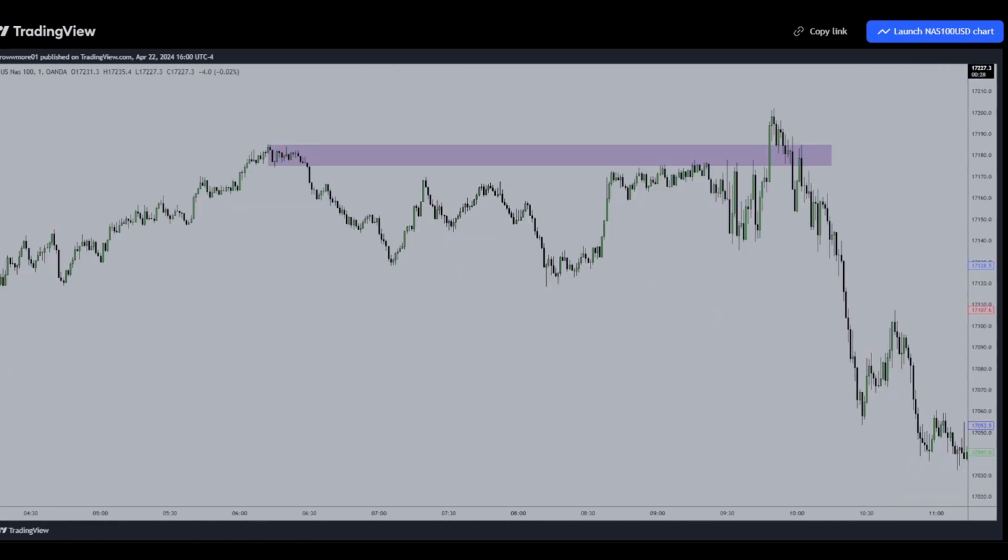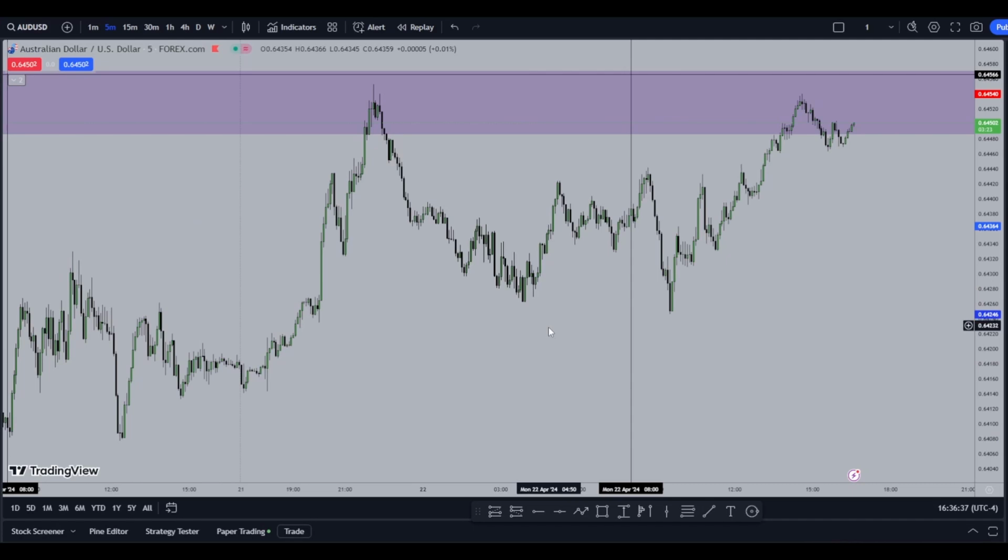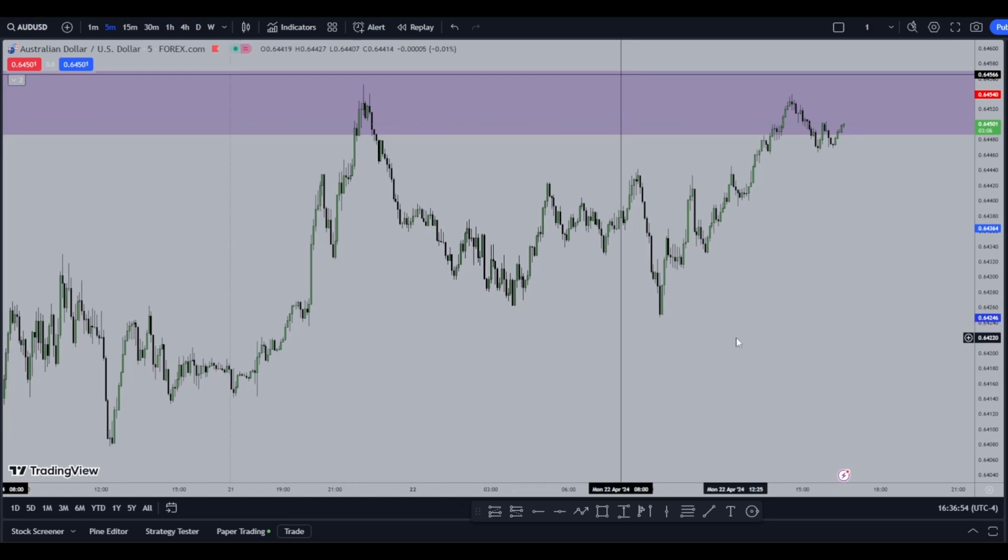And another thing is that this strategy will work if you use correct risk management. If you're using bad risk management, then it will not work. Risk management means you have to cut down the risk when you're losing trades, down to 0.5%, and you have to increase the risk when you are making profits.